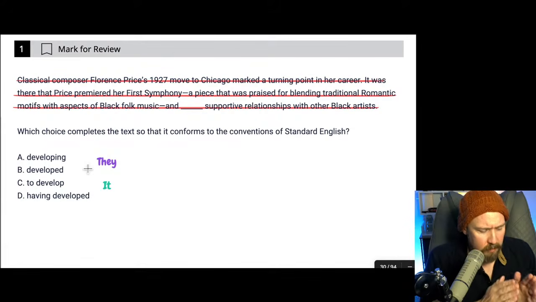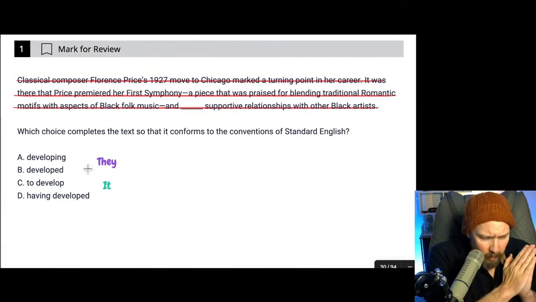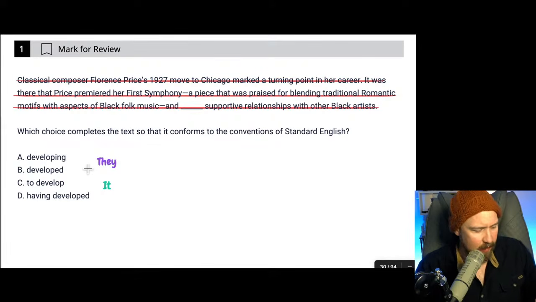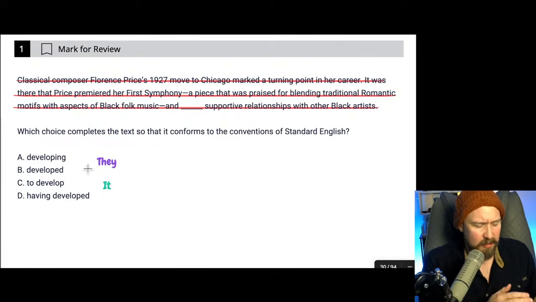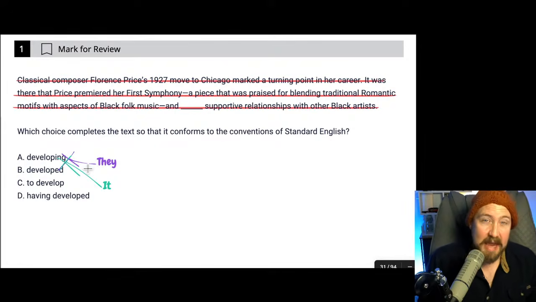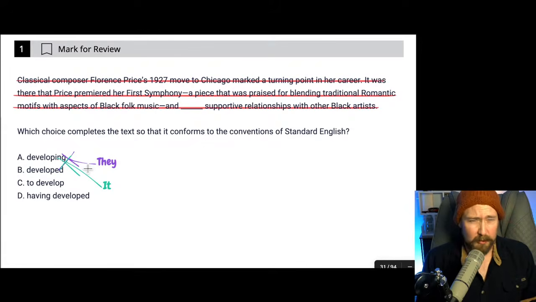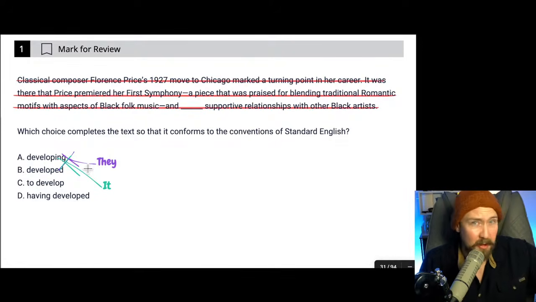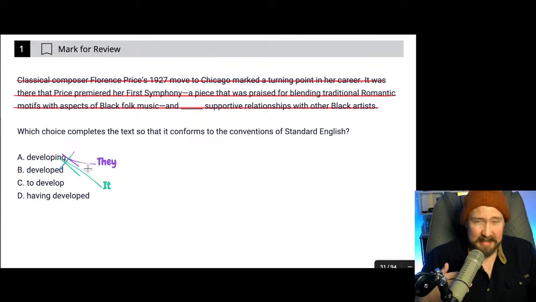Anytime you try to use the trick and you end up with an answer that doesn't work for either of them, for example, we could not say they developing. We also could not say it developing or he developing or she developing, right? So choice A does not work for any of them. We would have to say they are developing or like it is developing.